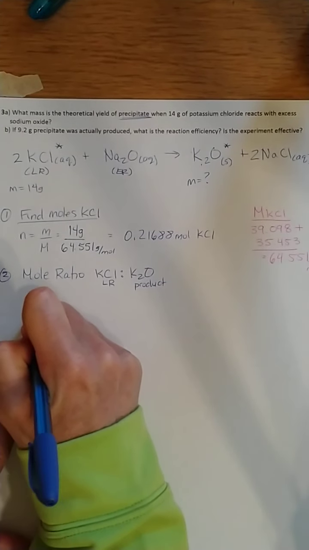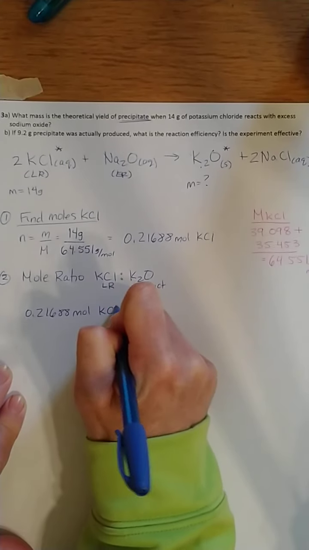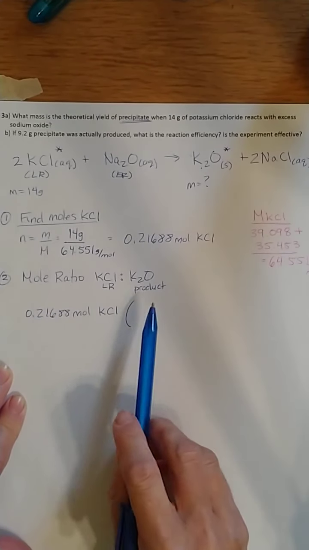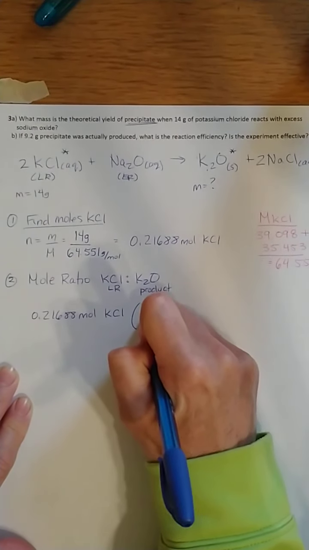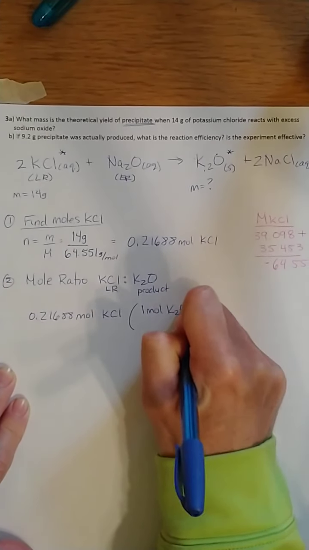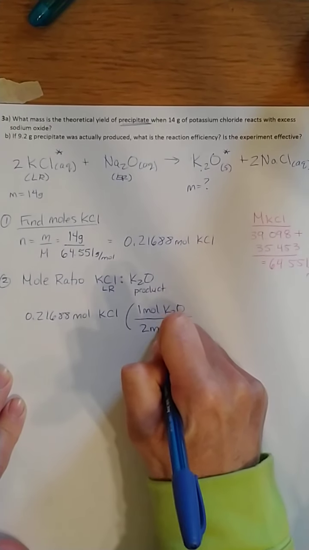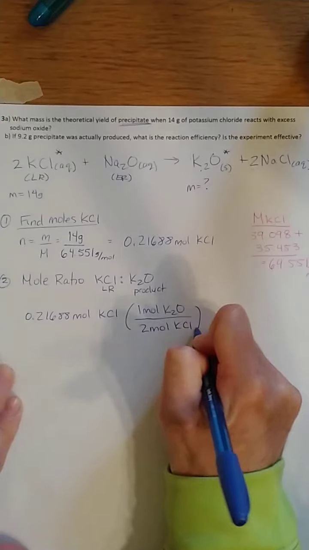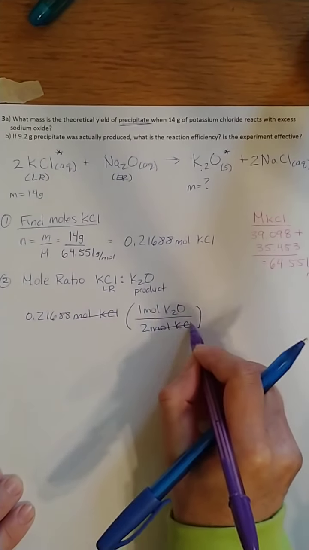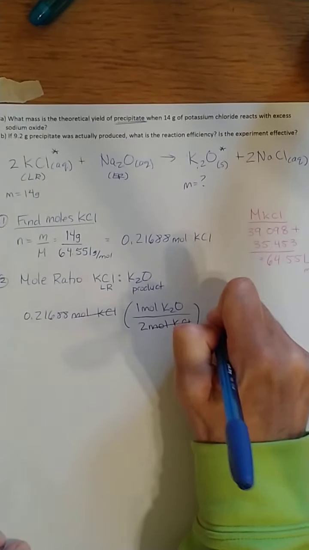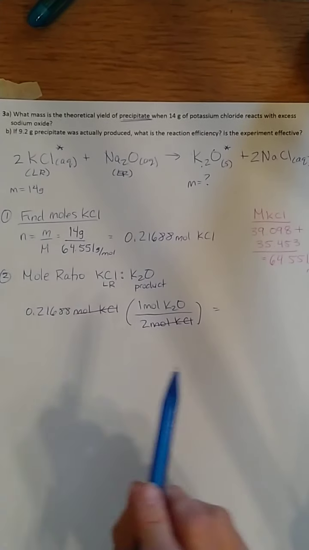So we're going to take our 0.21688 moles of KCl, and our fraction comes from our coefficients. And so this is a 1, so it's 1 mole of K2O divided by 2 moles of KCl. And what you'll notice is these moles of KCl cancel out these moles of KCl in the denominator. We just built our bridge. We've gone from moles of KCl to moles of K2O.